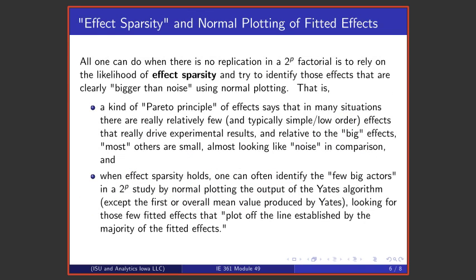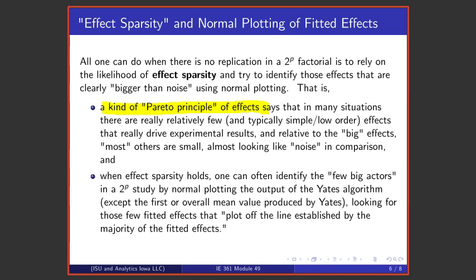And that is to rely on a principle of so-called effect sparsity. One hopes that nature is more or less simple, and that in trying to describe the behavior of a system with many factors, there are only a few effects, one hopes, that pretty much dominate and describe what's going on in that system. It's sort of a Pareto principle of effects.